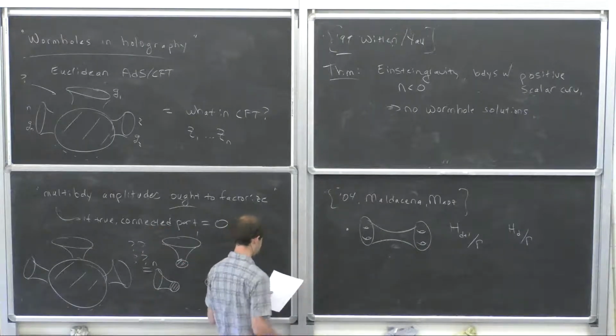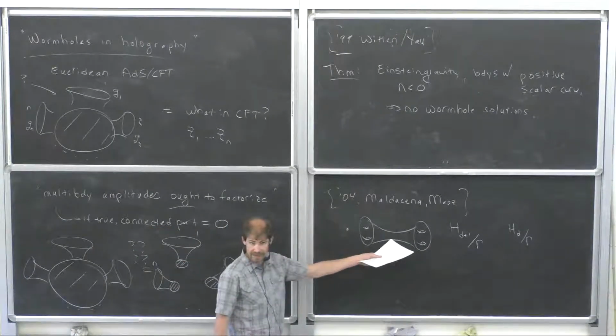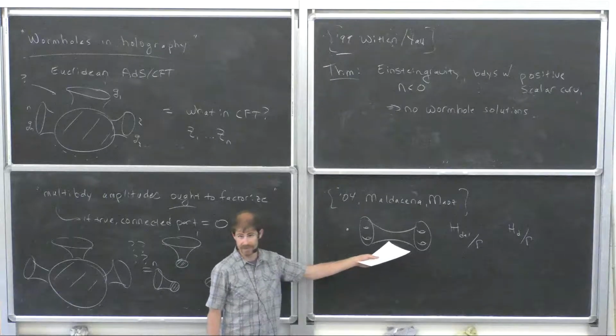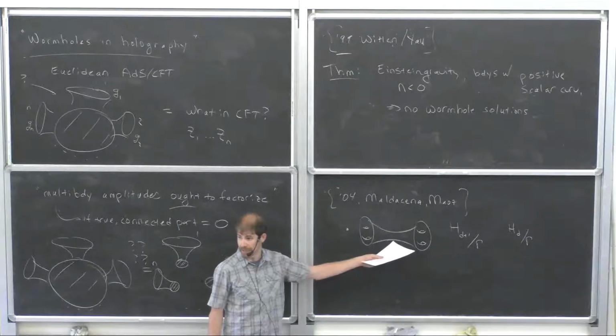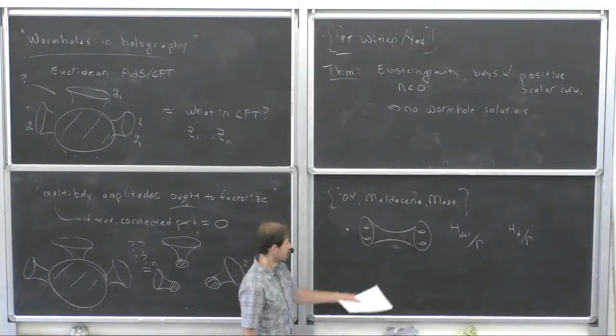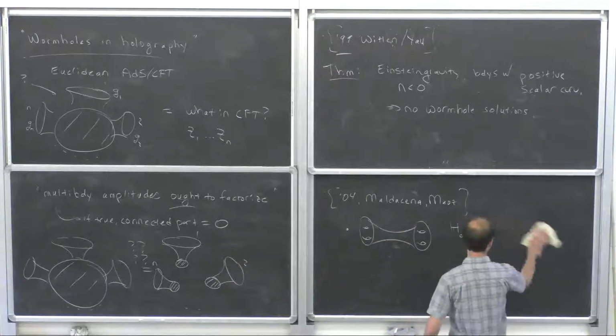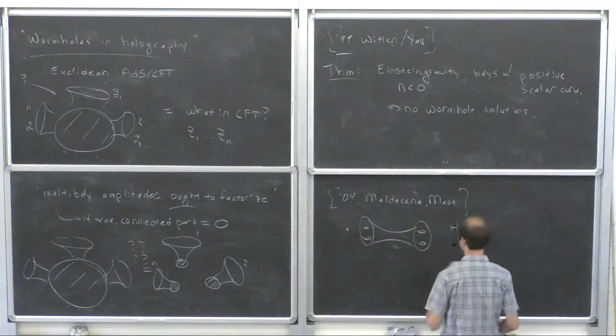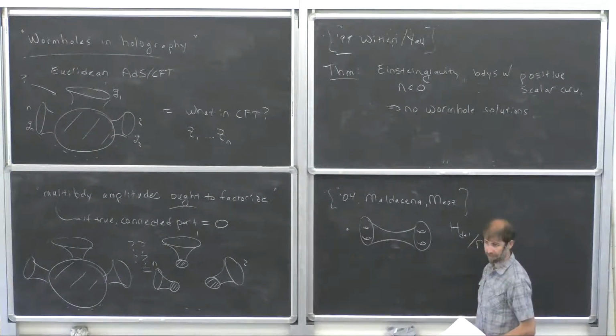Okay, and these are solutions to Einstein gravity. They can be easily uplifted to solutions in 10 and 11 dimensional supergravity. For instance, the only non-trivial field here is the metric. Everything else is trivial.